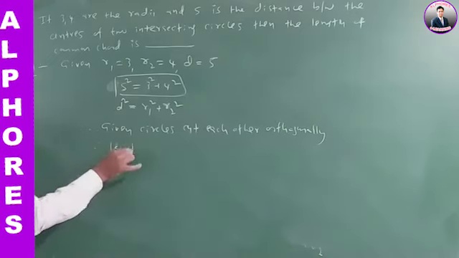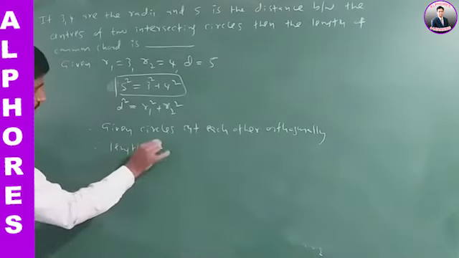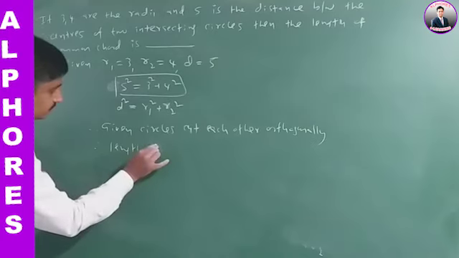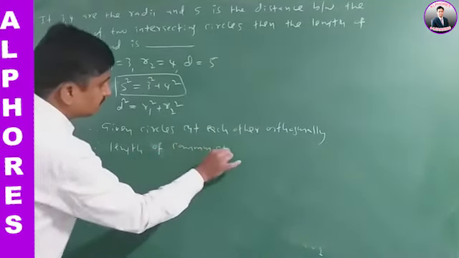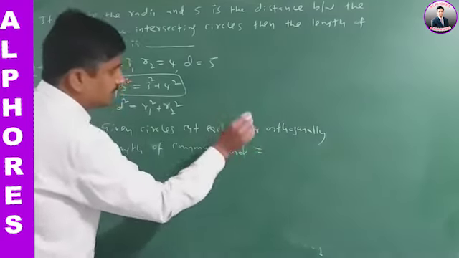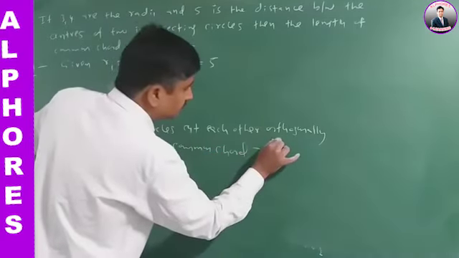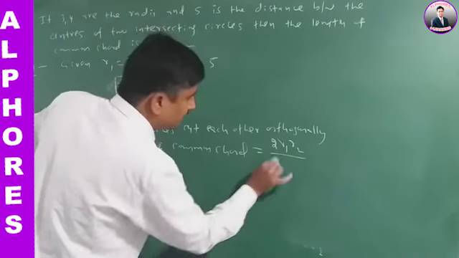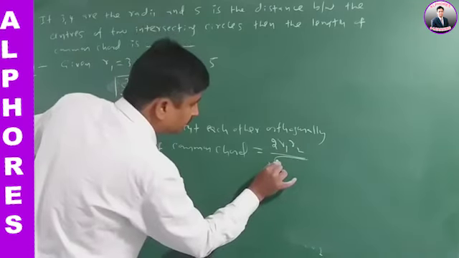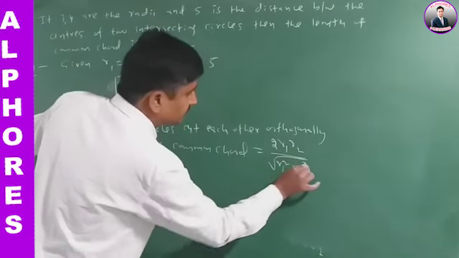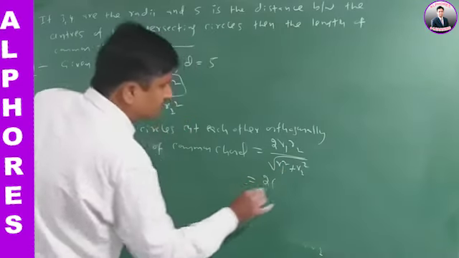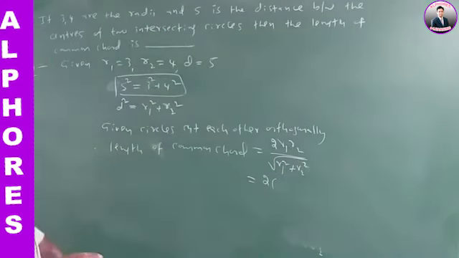Therefore, the length of the common chord is equal to the formula 2R1 R2 by under root of R1 square plus R2 square.